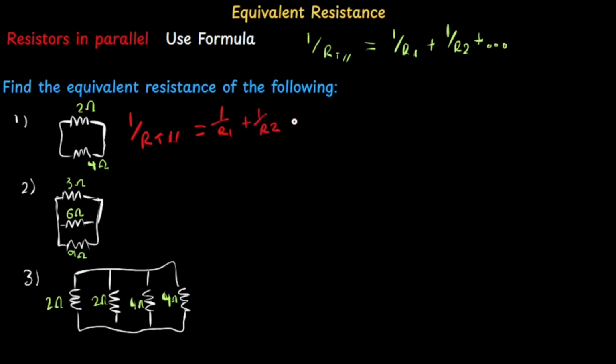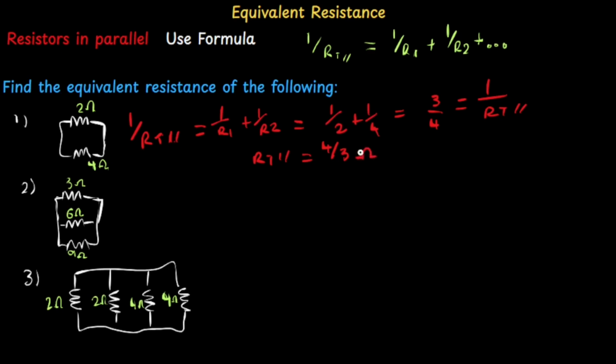If I substitute in my values, I would get 1 over 2 plus 1 over 4, which is actually equal to 3 over 4. Now 3 over 4 is equal to 1 over RT parallel. But I want RT parallel. So all I would do is invert this answer. I would get RT parallel is equal to 4 over 3 ohms.